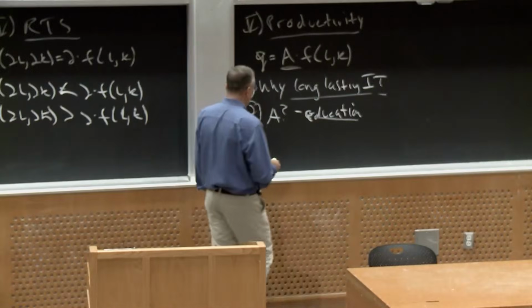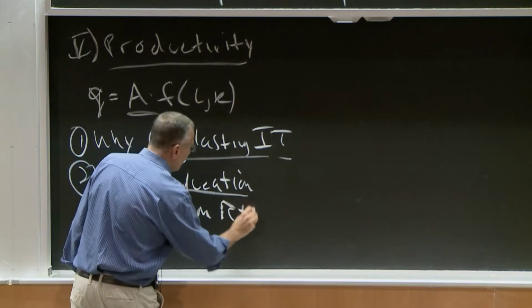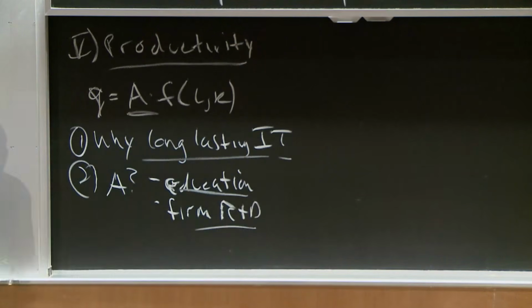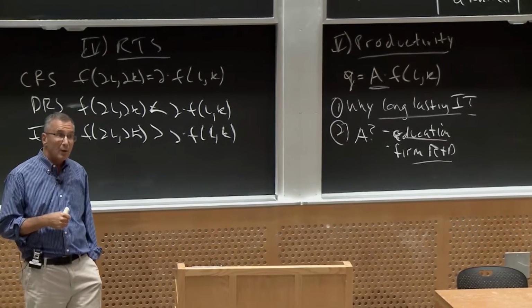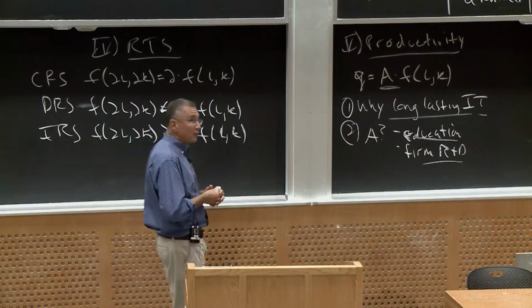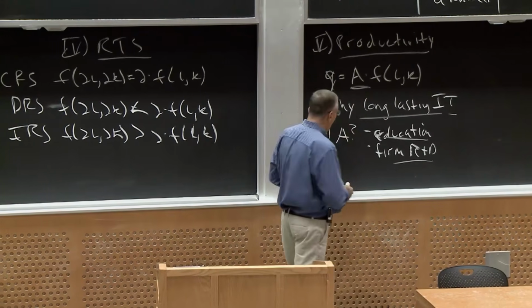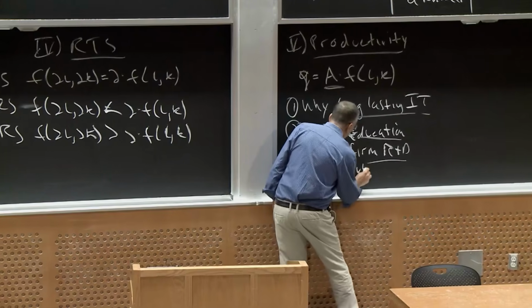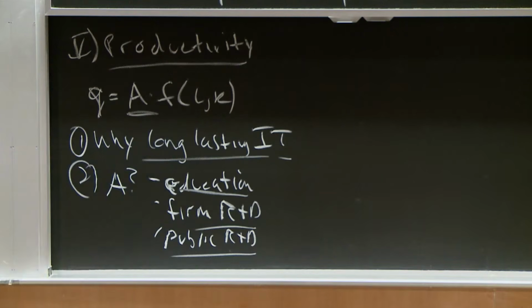Okay? Productivity comes from firm research and development. As firms do research and development, stuff that many of you may go on and do with your lives, okay, they think up new ideas. Okay, and they develop new products. It also comes from public research and development, like the National Science Foundation.